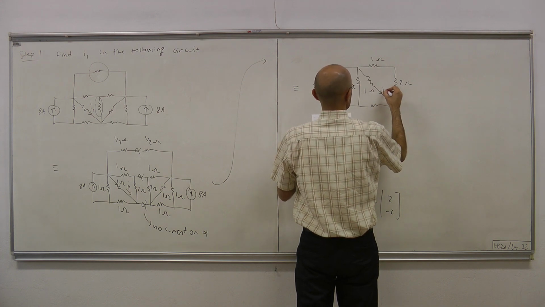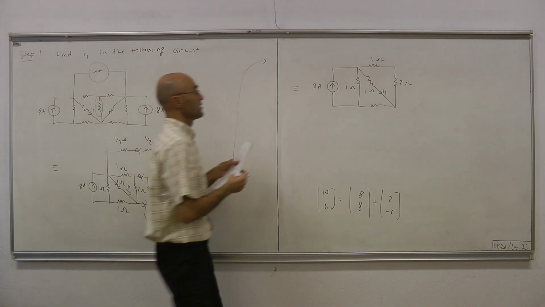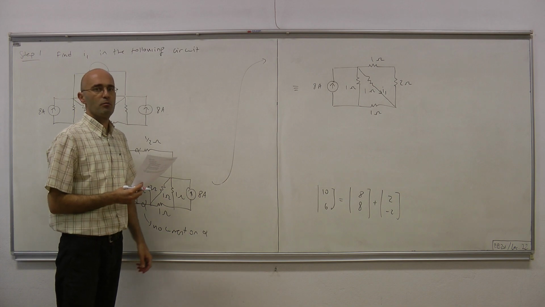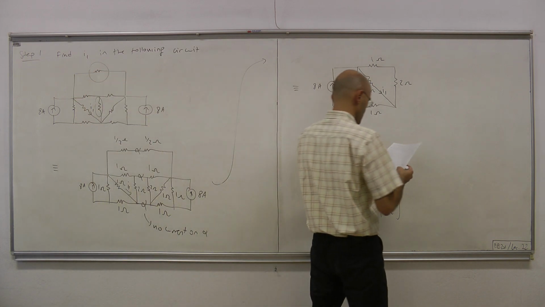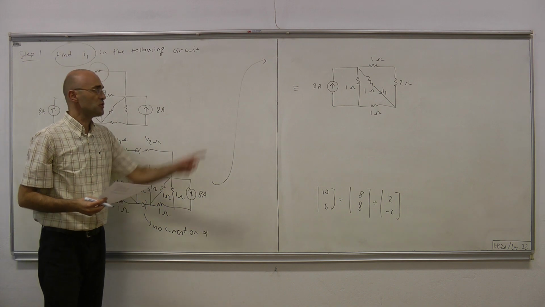And here this is I1. Okay. This is a considerably simpler circuit than the original one, and we can compute I1. Okay. So I1 is found using that simple circuit.